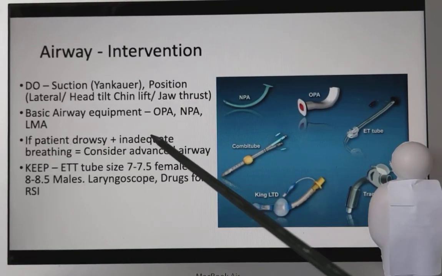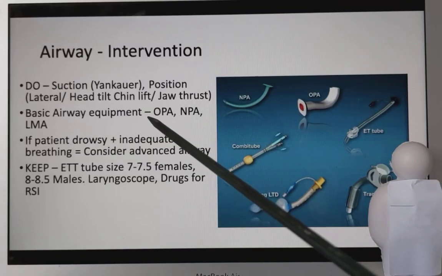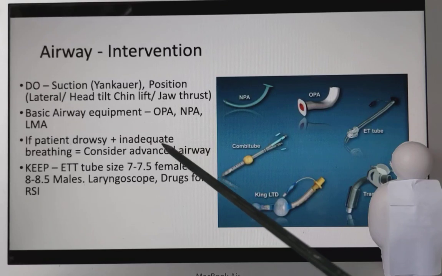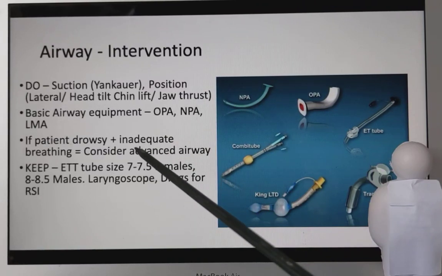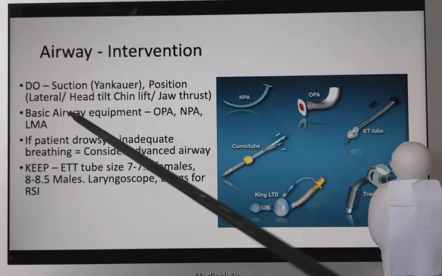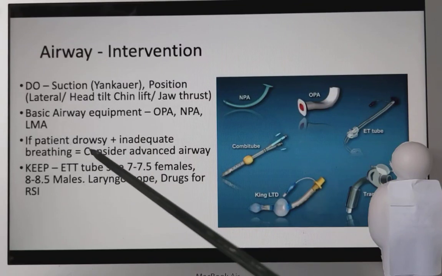Since we are just talking overall, we'll have a separate lecture on airway, where we will talk about when exactly and how to intubate and things like that. This is just the first basic airway maneuvers, then you consider basic airway equipment.